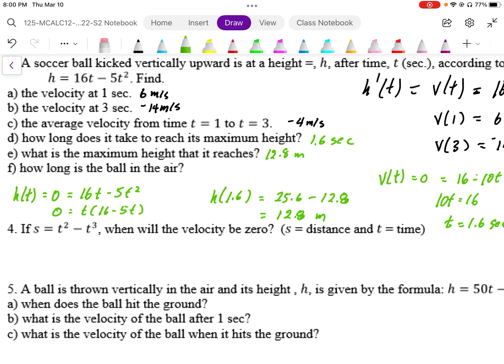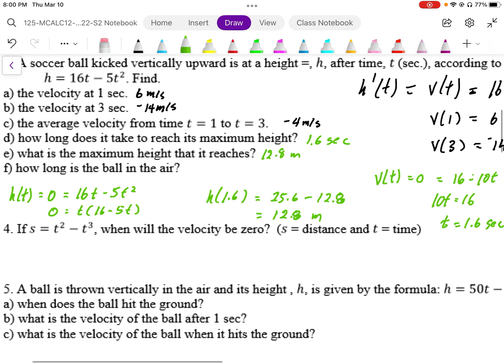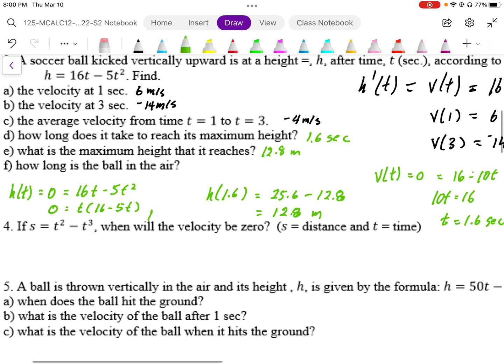So t equals 0, that's the starting point, or t equals 16 over 5, which works out to be 3.2 seconds. So how long is the ball in the air? It's in the air for 3.2 seconds.